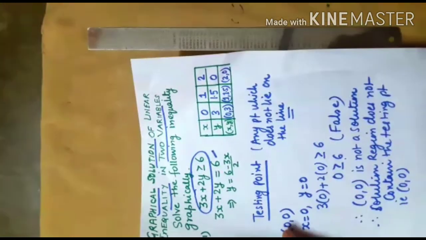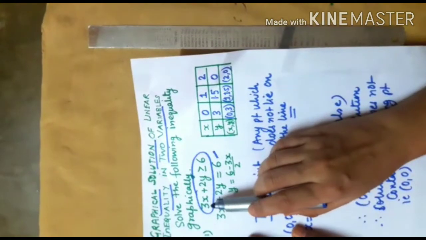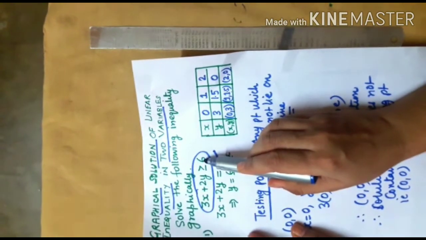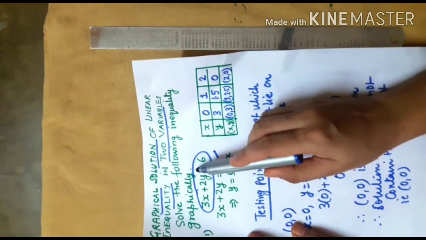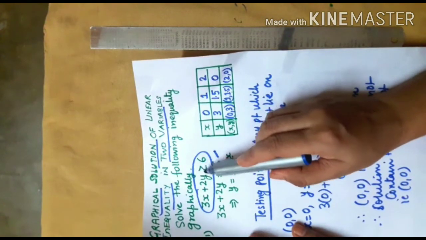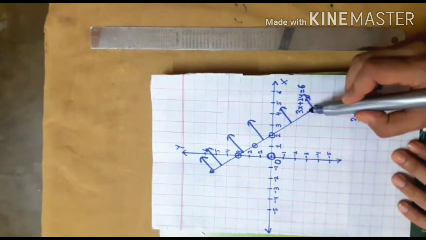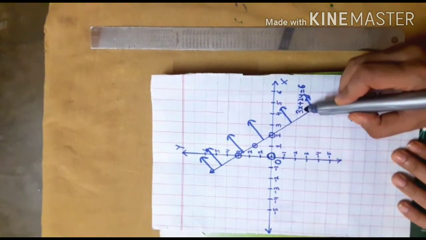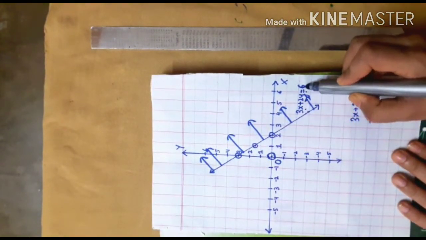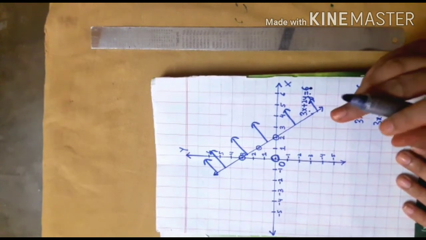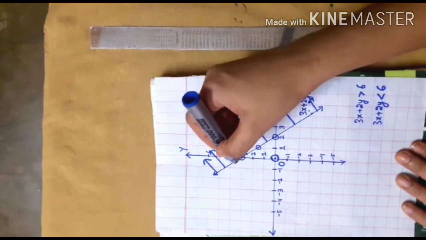Yes, please note that in 3x plus 2y greater than or equal to 6, the inequality is not strict. So it means that the points which lie on this line, that is 3x plus 2y equal to 6, are also a part of the solution. So to indicate that, we draw the dark line.